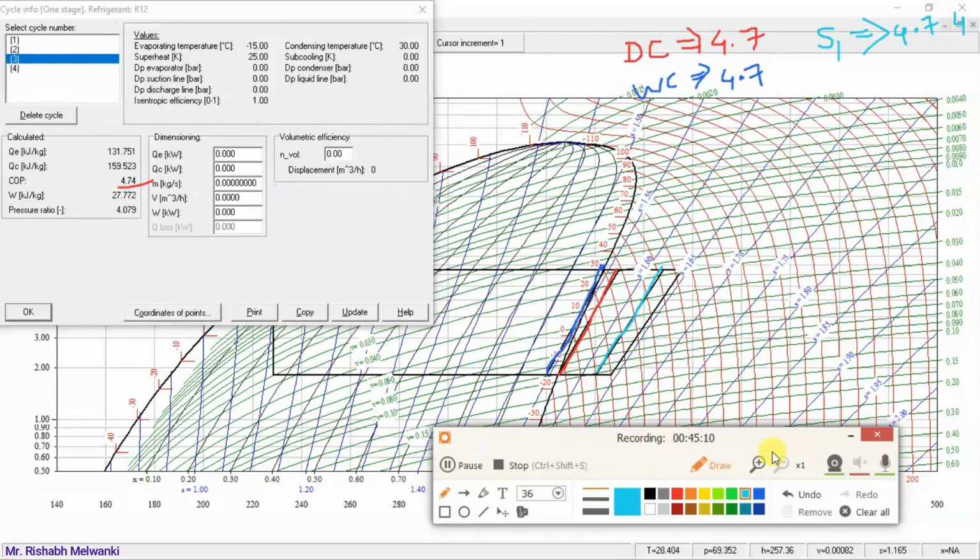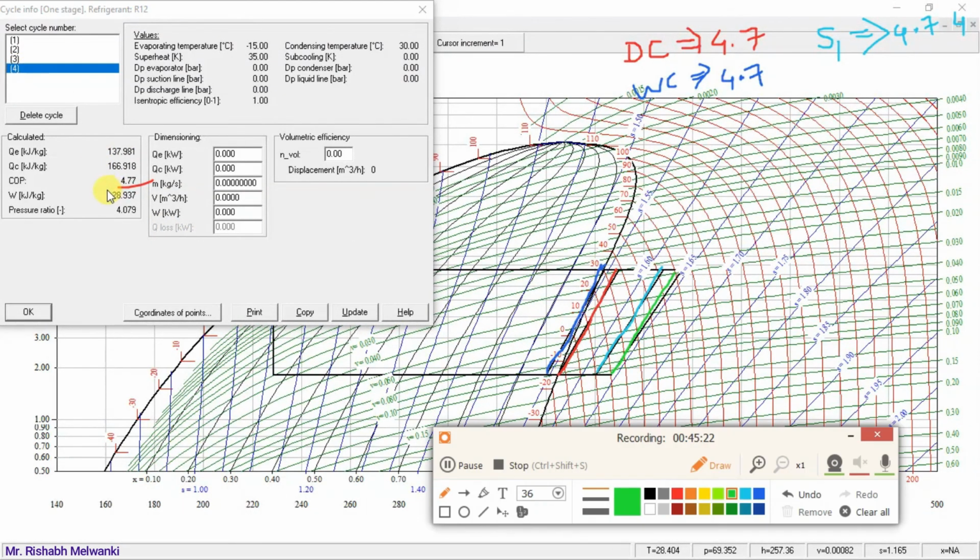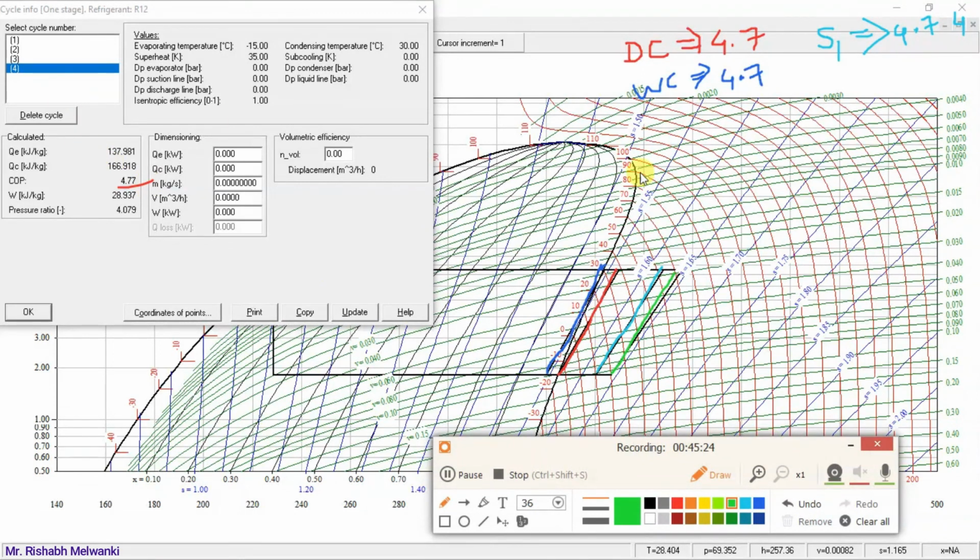Now I'll consider the last one, the 20 degree Celsius superheat point, the fourth cycle. For the fourth cycle, see the COP value, it is 4.77.